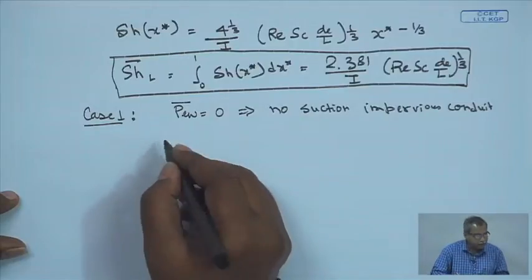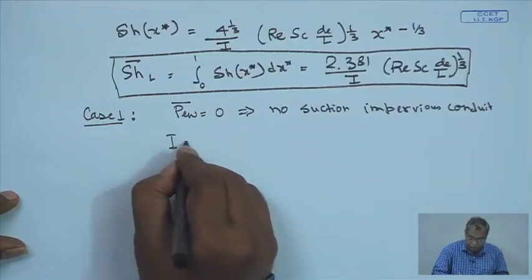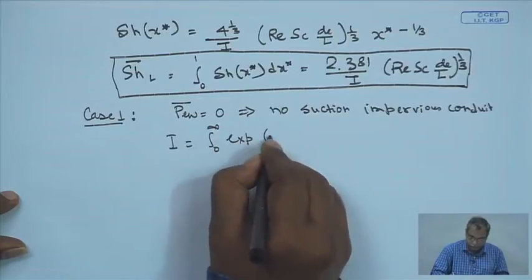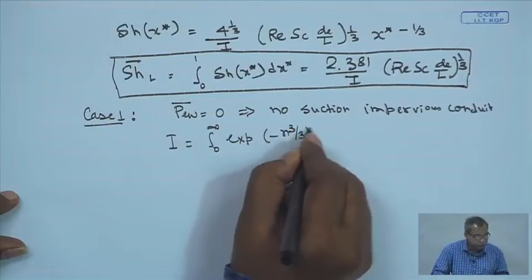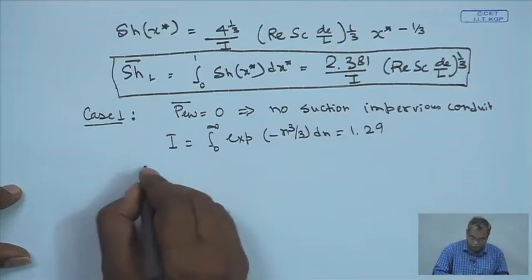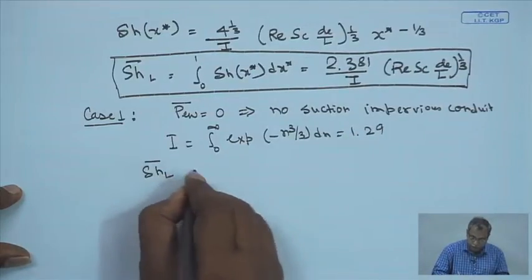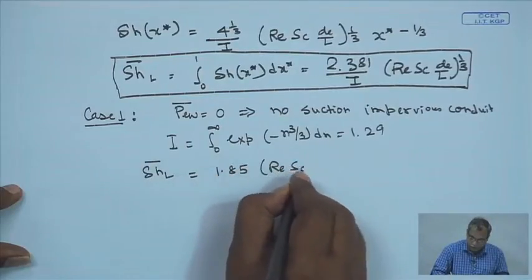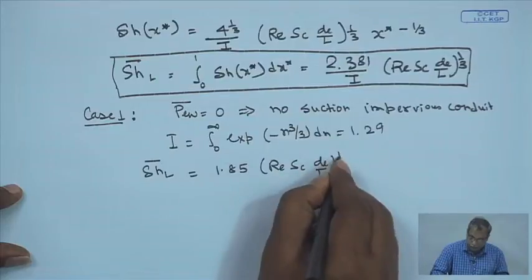Now, if we find the expression of I, this will become the integral from 0 to infinity of exponential minus eta cube by 3 d eta, which is 1.29, and if we put it there, then the average Sherwood number becomes 1.85 Reynolds Schmidt d by L to the power 1 upon 3.